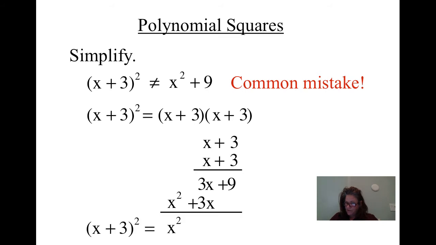So the quantity of x plus 3 squared ends up equaling x squared plus 6x plus 9, which is very different than the original x squared plus 9 when they just tried to distribute the square, the power of 2, into the binomial.